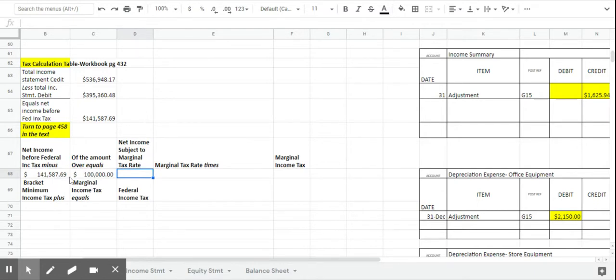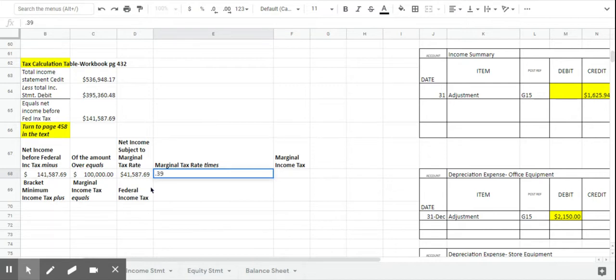So how much is subject to what's called a marginal tax? Anything that's over this amount has to get taxed by the next highest rate. So if you look at the bracket again, this tax bracket rate is 39%.